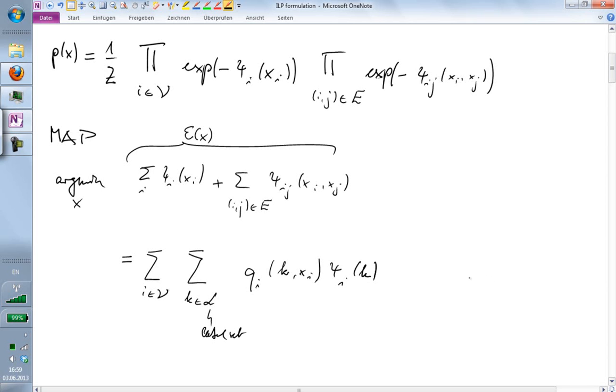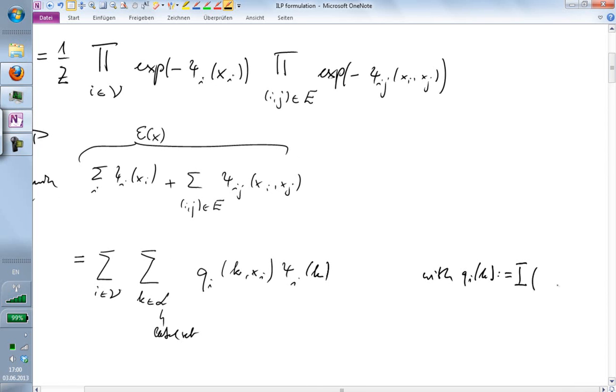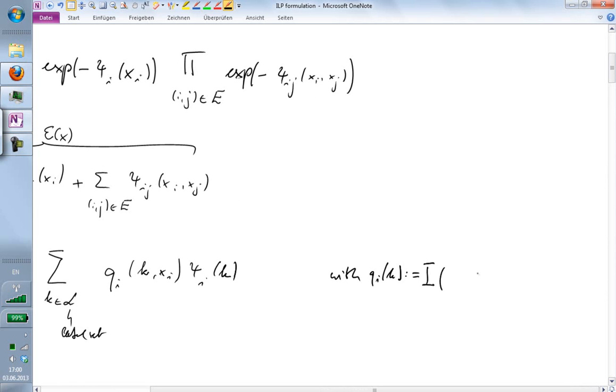So this is the unary term, with q_i(k) being 0 or 1. So I is, what is this called? A function which is 1 if its argument is true. The characteristic function, thanks.